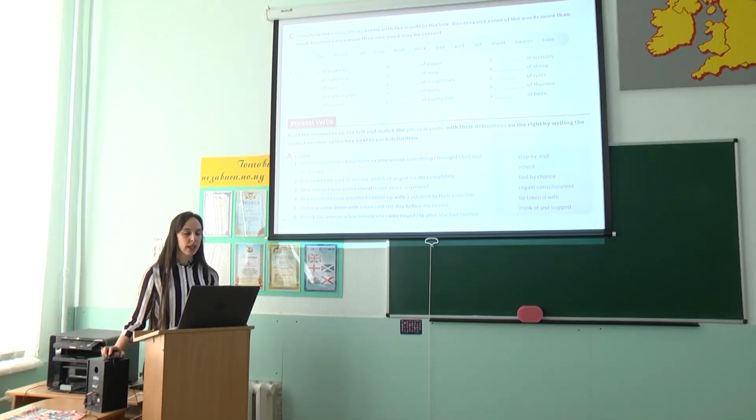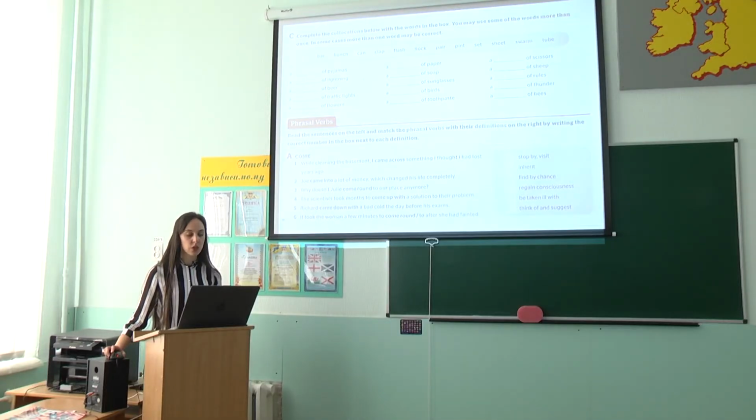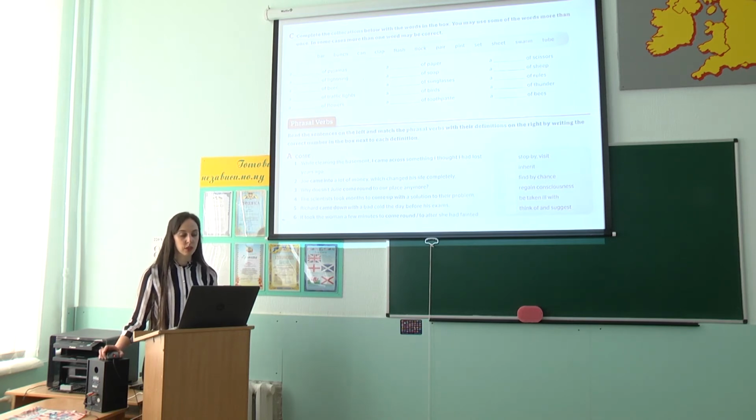And one more thing, that is actually phrasal verbs. Over there we have an example of how to practice phrasal verbs. So we have such a thing, like read the sentence on the left and match the phrasal verbs with their definitions on the right by writing the correct number in the box next to each definition. So how to do it? First of all, we need to find out the verb. The verb is come, and we have all the variants with this verb, I mean all the phrasal verbs that are possible to use with it. We have come across, come into, come round, come up with, come down, and come round.